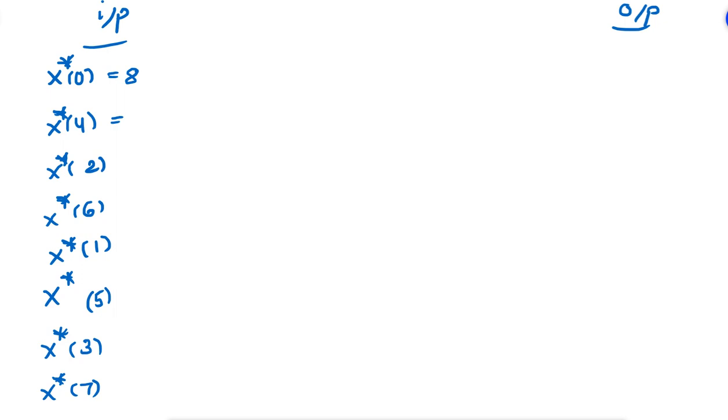Here X conjugate of 4 is 0, and all the remaining values are 0.